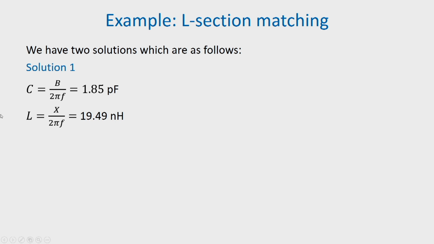Similarly, omega L is equal to X, and we know the value of X. Let us take the first value of X that we have calculated and then divide by 2 pi f, f is 500 megahertz. Then we get 19.49 nanohenry. So, this L and C combination actually will give a matching circuit which is shown.